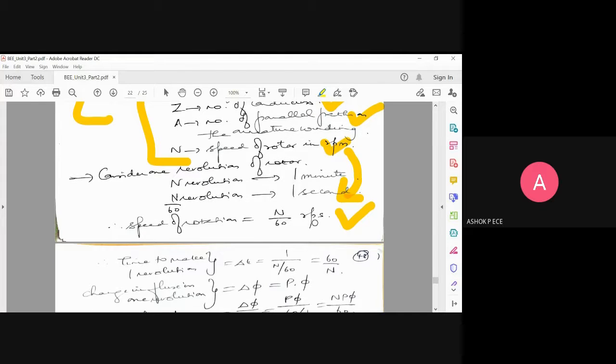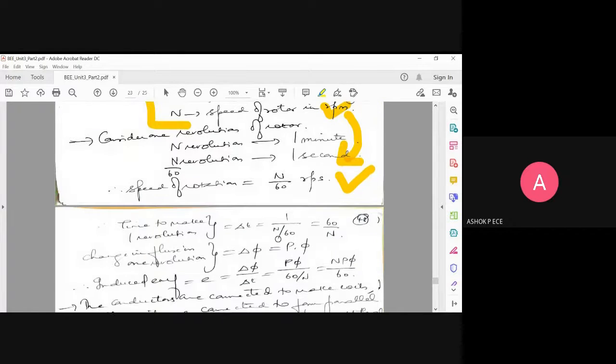In terms of seconds, the speed is N by 60 revolutions per second. It is 1 by time, so to find the time, take the inverse. The time taken to make one revolution is 1 by N by 60, or 60 by N.